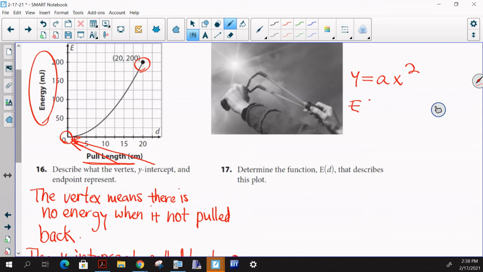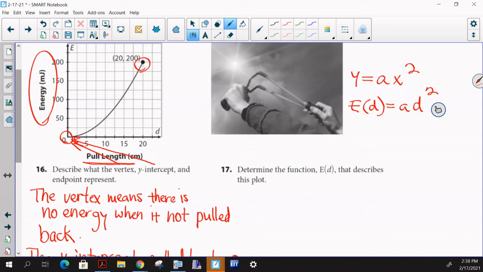So this function will look like this, and we'll write it with function notation, substituting the y for the energy with respect to D, and then we'll also write equals AD squared. That's okay, we'll make those conversions, nothing different really there.